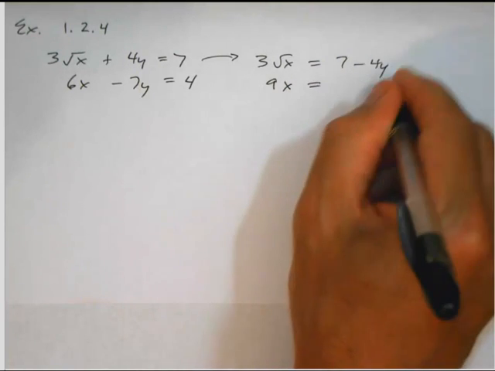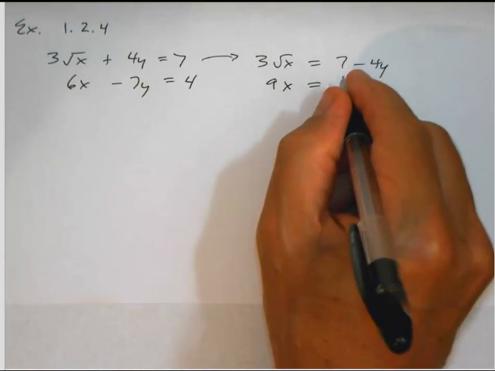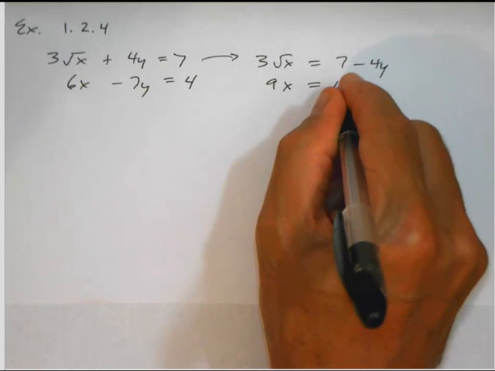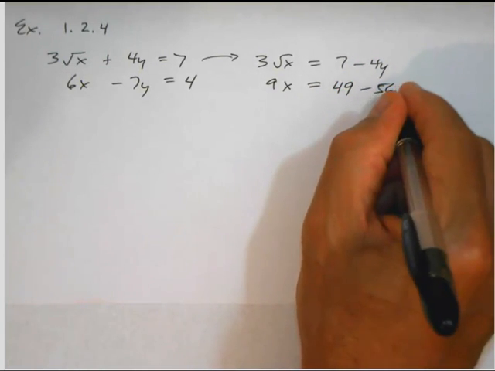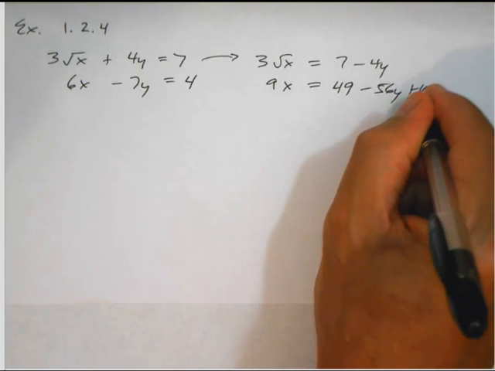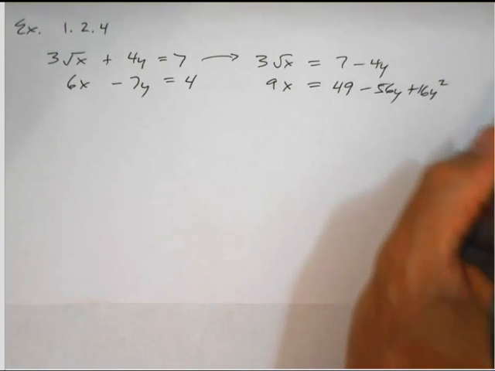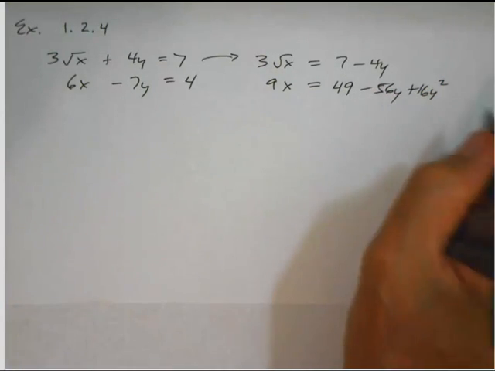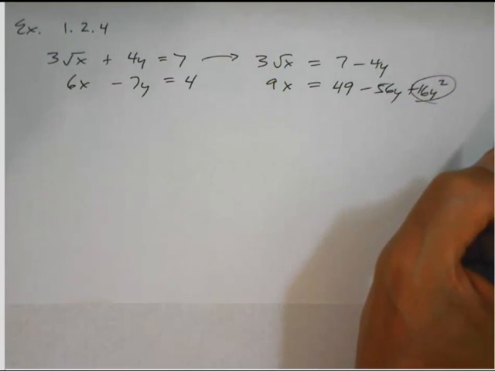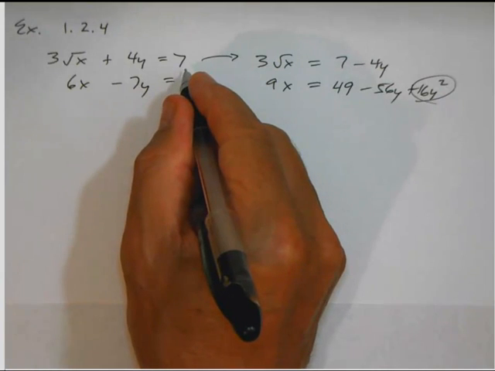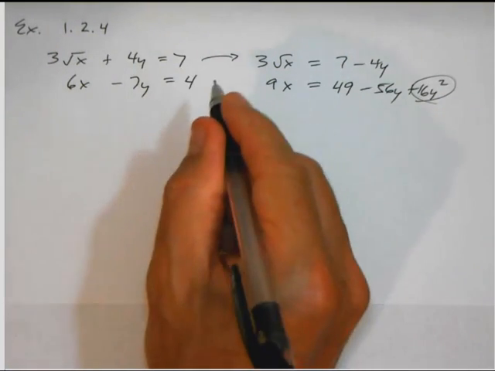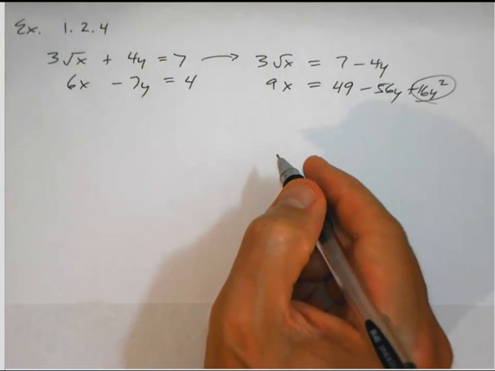But here you have to square this binomial, and the special product here would be 49 minus 56y plus 16y squared. Well, now we've got another nonlinear term. Alright, no doubt about it. This first equation's not linear, and therefore the whole system is not linear.